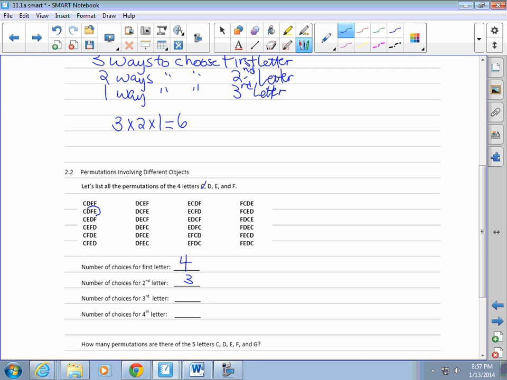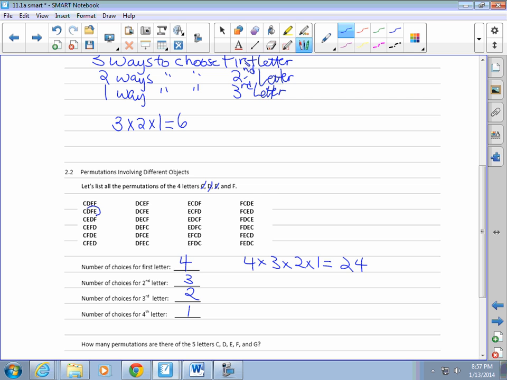Let's say I chose D, then I've only got 2 letters to choose for my third letter, which leaves me with 1 letter for the 4th spot. Using the fundamental counting principle, 4 times 3 is 12, times 2 is 24, times 1 is 24. So I had 24 possible ways of arranging or permuting those letters.